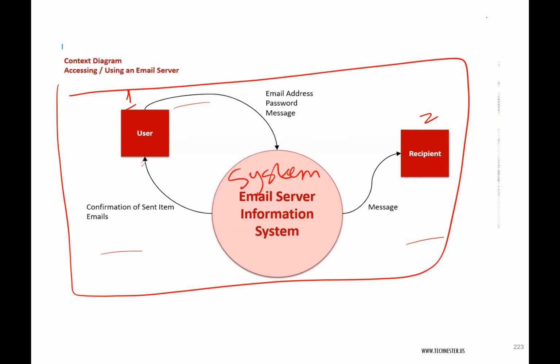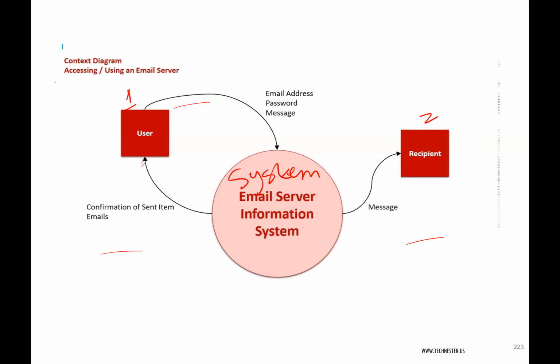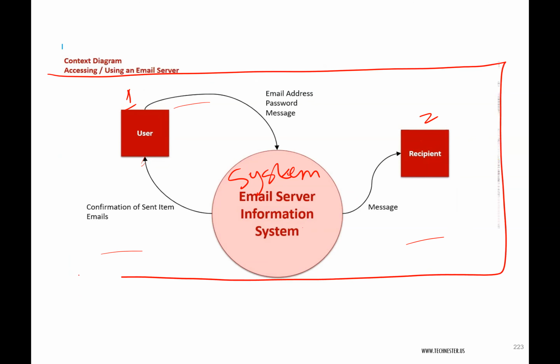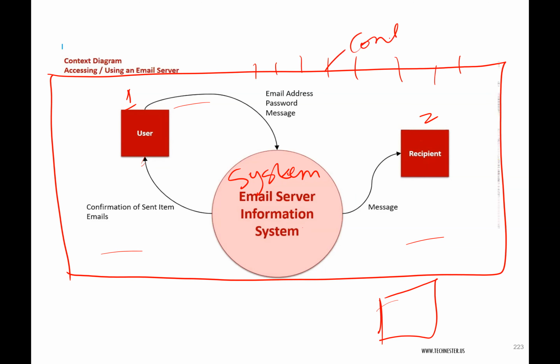So nothing else. This is also useful in helping us, as I mentioned, scope our system, because now we can even put some things outside. So if you put an entity outside this box, outside this container that I just drew, let's say who else can be using the email server?